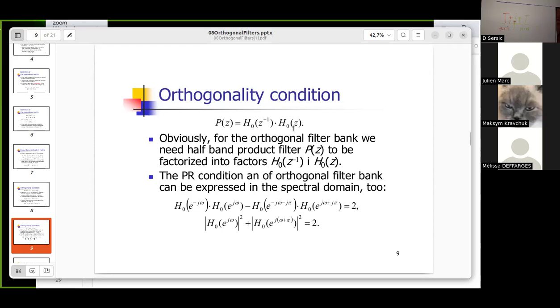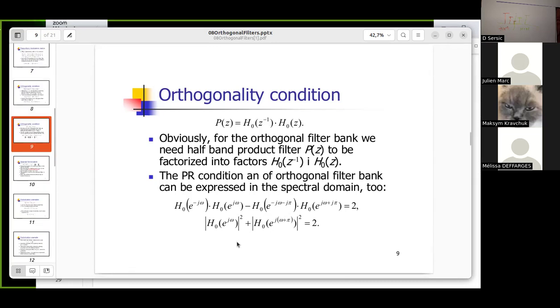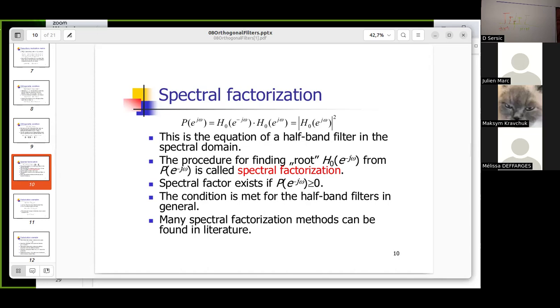If we just put e to the power of j omega here, we get the condition expressed in the spectral domain. So this is how it looks for an orthogonal filter bank, which means that the power frequency response shifted by pi must add up to a constant. Such filters are called half-band filters, even if they are not ideal.